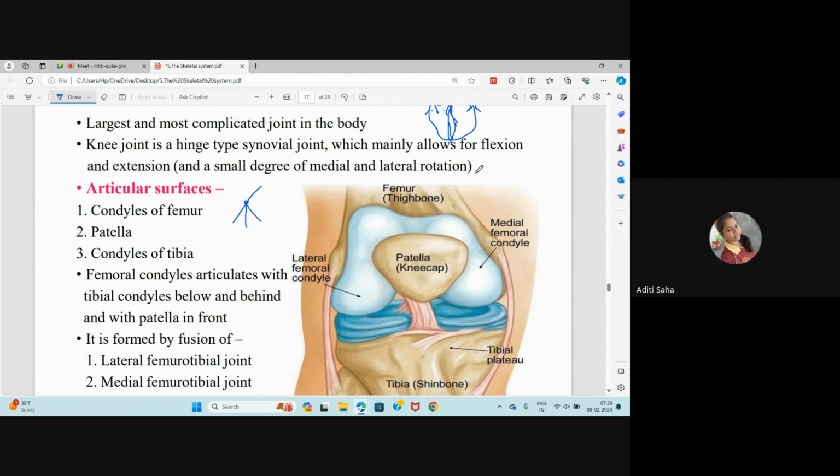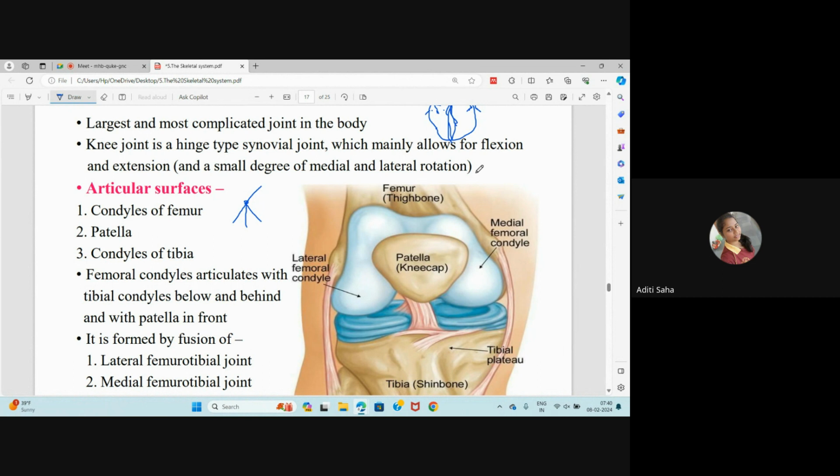So a very little movement medially and laterally is possible from the knee. Very little range of motion is possible. And if you are thinking that how can we do Padmasan if it is very little, for Padmasan we move our leg from our hip joint.